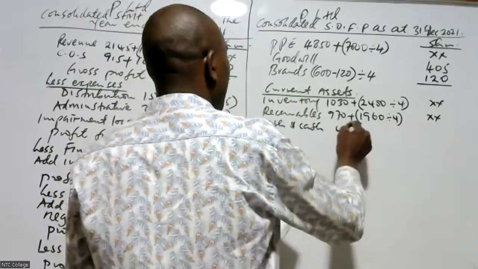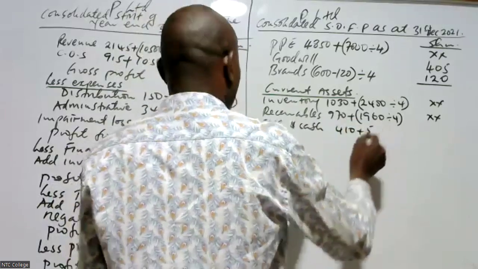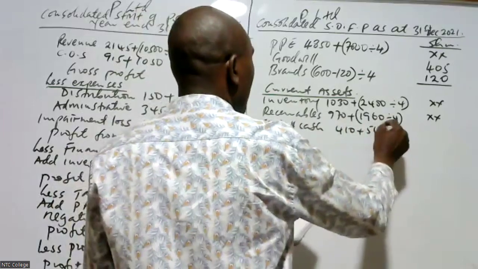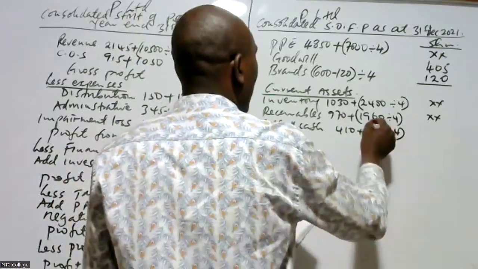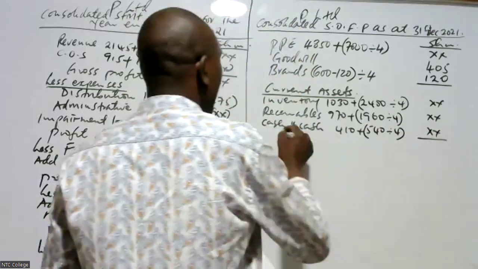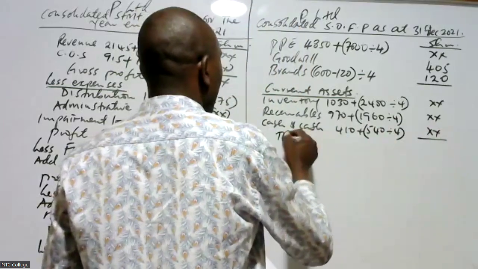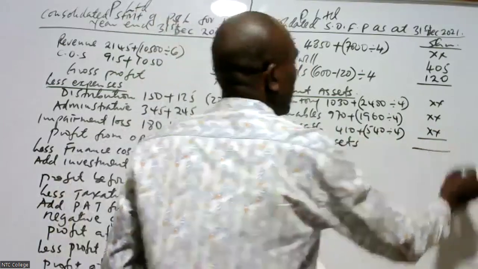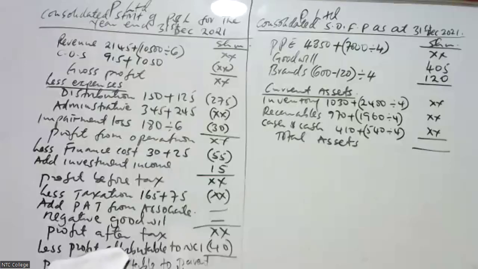For 10, plus 540 divided by 4. Then you give me total assets. We are done with our assets. Very straight like that.